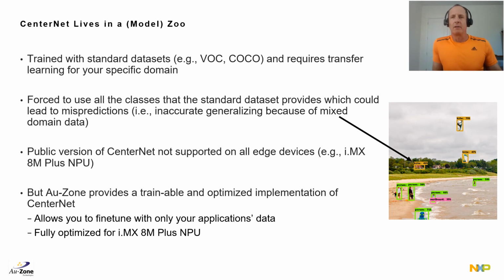Model zoos provide models for basic evaluation of various models, including MobileNets, ResNets, SSD, YOLO, CenterNet, etc. Model zoos provide reference implementations trained on one of the common public datasets for the purpose of doing apples-to-apples comparisons. But for your own domain, how close is it to the COCO dataset? To effectively use these public models in your application, you'll have to retrain them using your own datasets.